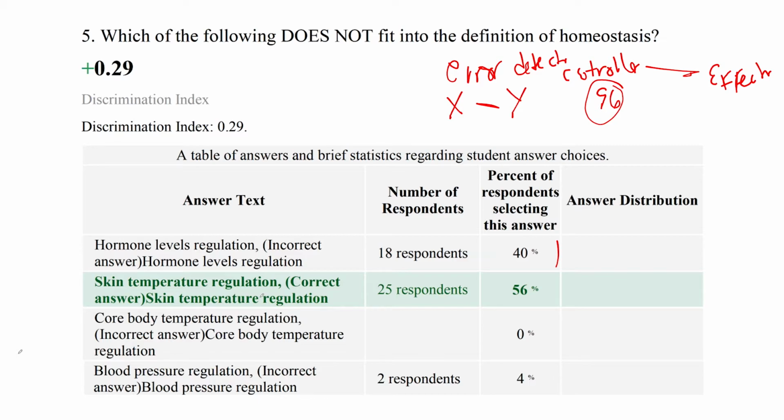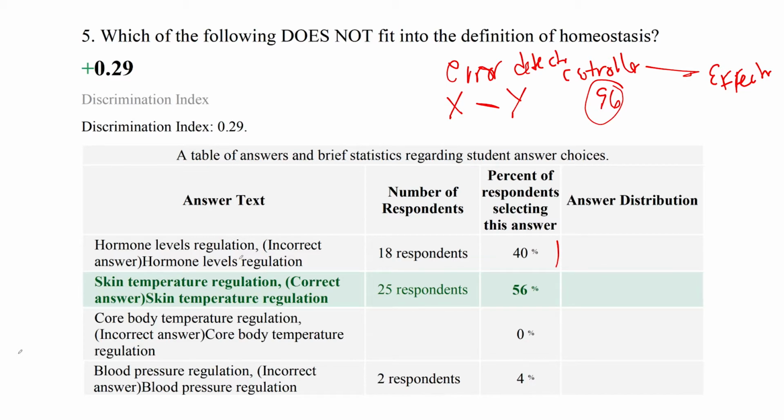And we mentioned in the PowerPoint that feed-forward feedback is not homeostatic. These mechanisms are great. They save energy. They prevent variations, but they are not homeostatic. Homeostatic mechanisms are only the negative feedback mechanisms. What about hormone levels?